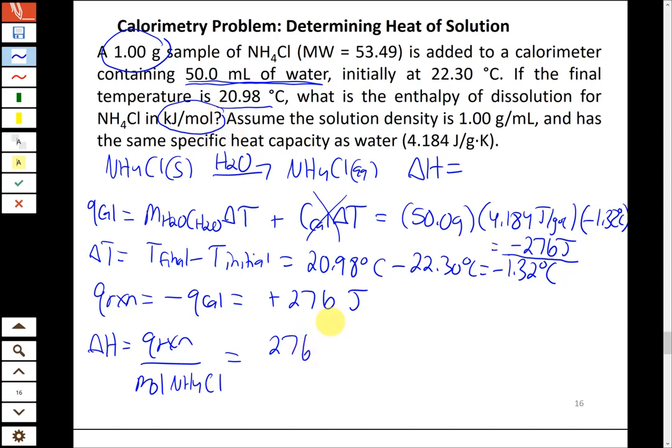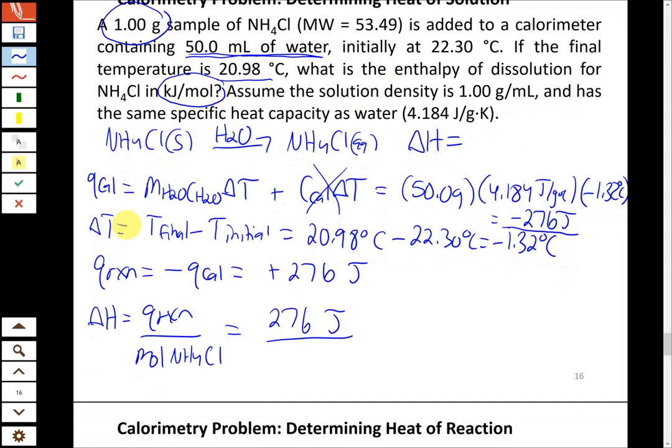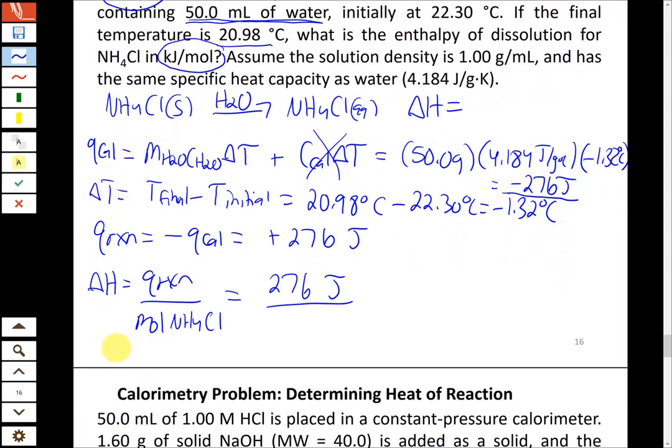So we have 276 joules is the heat, and we're going to divide that by the moles of substance that we dissolved. Well, we know how to calculate moles by now, I think. So we're going to say the moles of ammonium chloride is 1 gram divided by the molar mass.